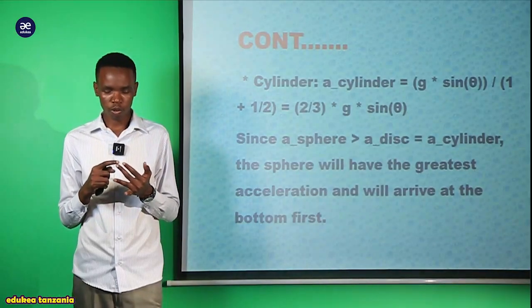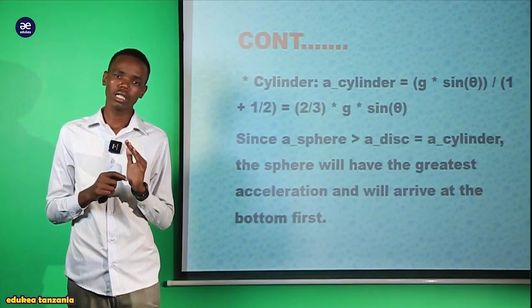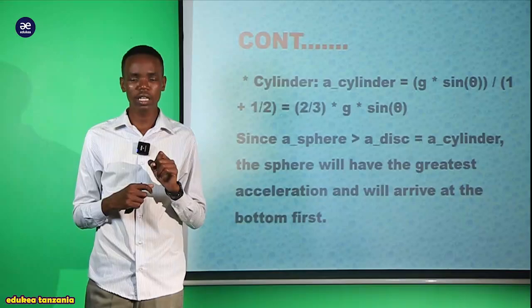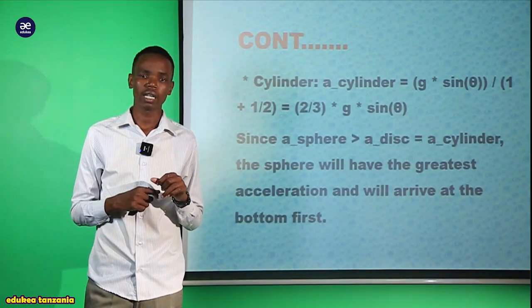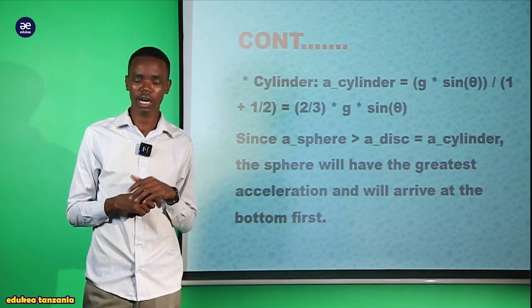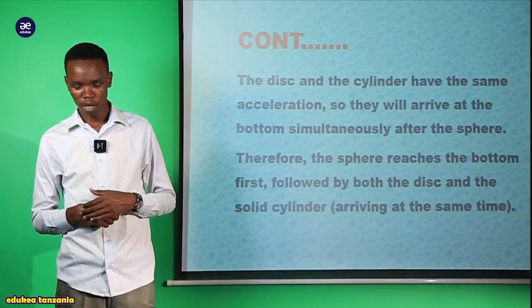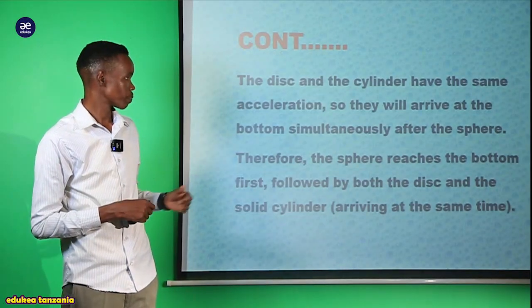Now we can conclude that this sphere, my dear student, arrives first at the bottom before the cylinder and also the disc. This is how we can answer this question.